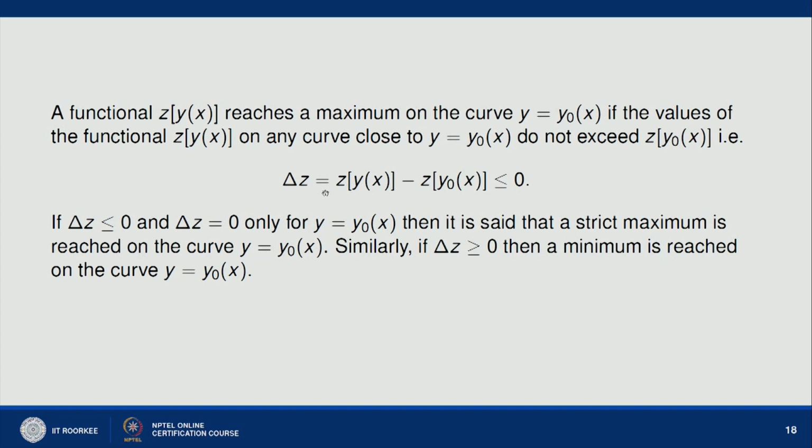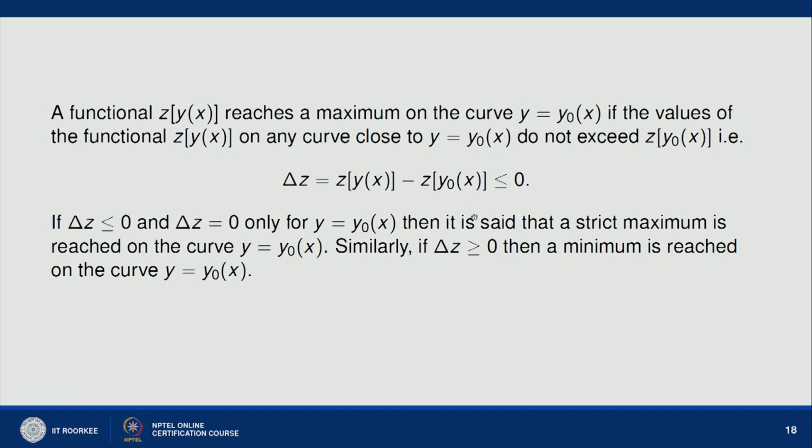It means that the increment delta z, defined as z[y(x)] minus z[y naught(x)], has to be less than or equal to 0. If equality is achieved only for y equal to y naught(x), then a strict maximum is reached on the curve y equal to y naught(x).